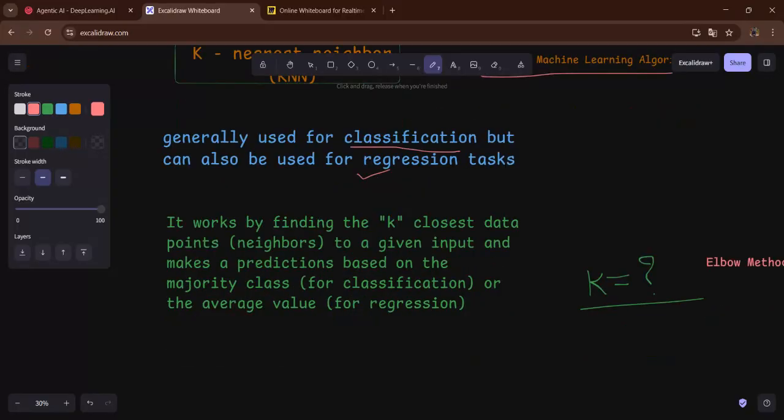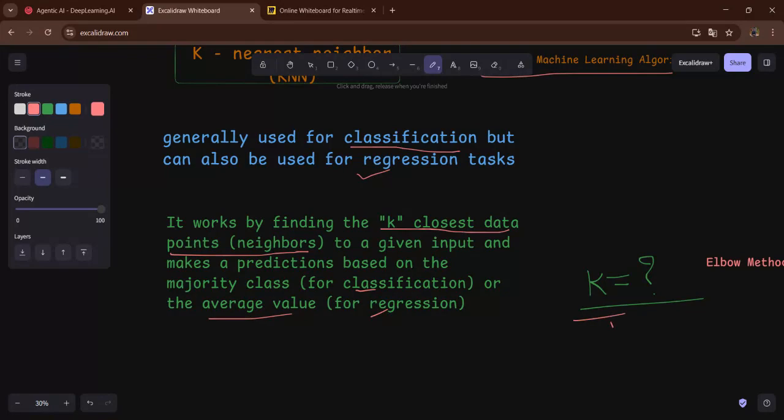It works by finding the k closest data points, that is the neighbors, to the given input, and makes the prediction based on the majority class for classification and the average value for regression.